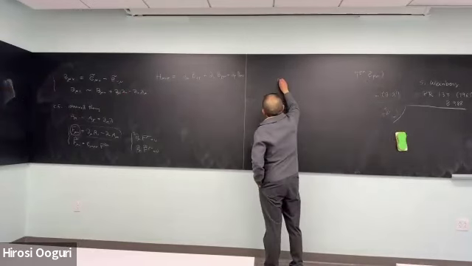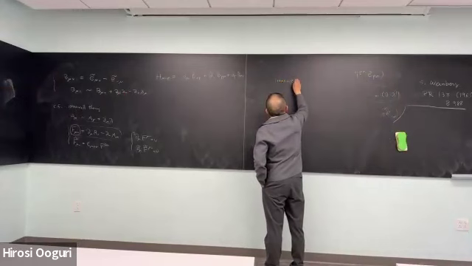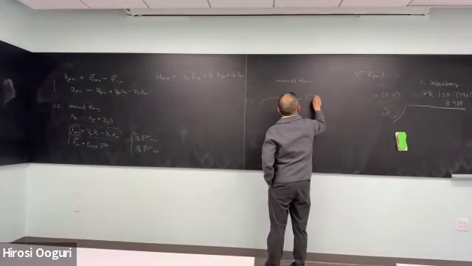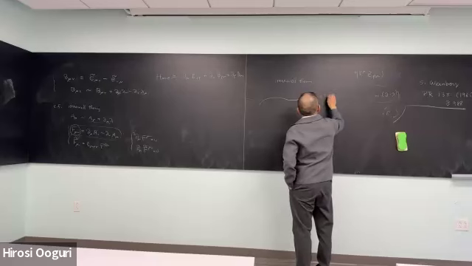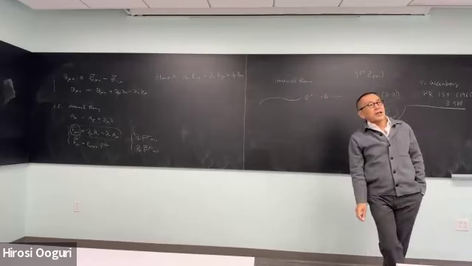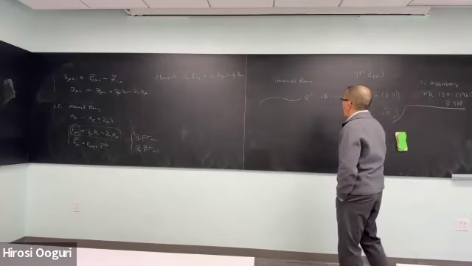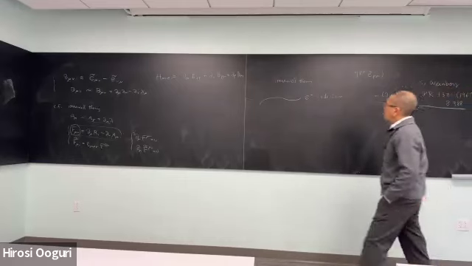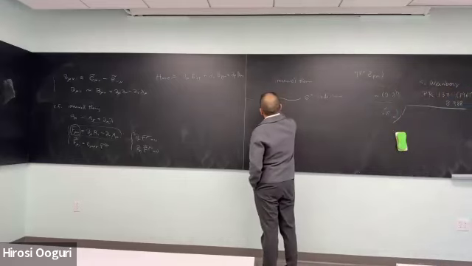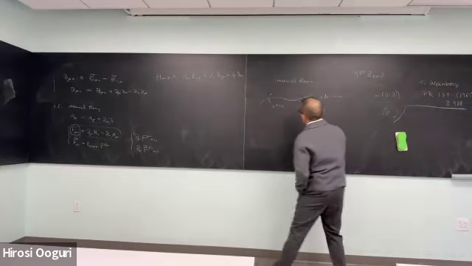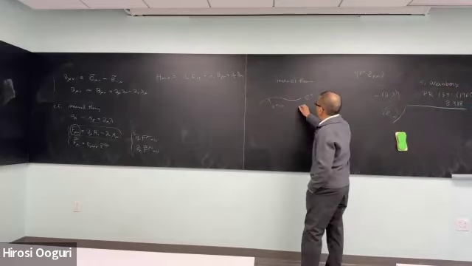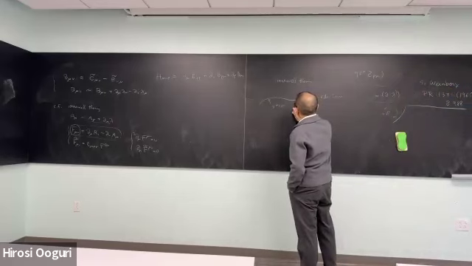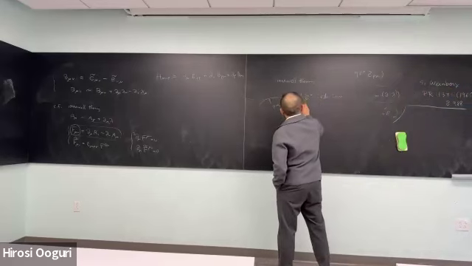So Maxwell theory, if you have electrons, then the electron couples to the Maxwell field in the following way. Suppose this is the trajectory of the electron. Let's write this trajectory of the electron as x mu of s, where s is some parameter which goes from 0 to 1, for example.